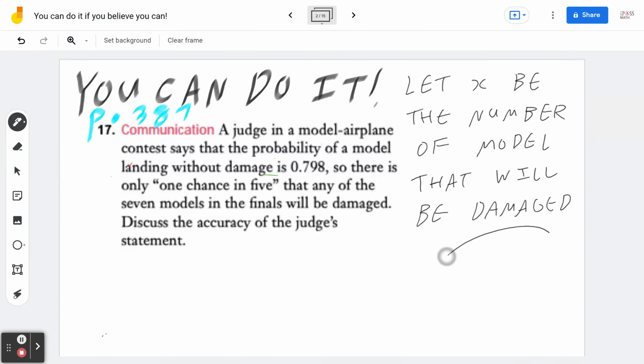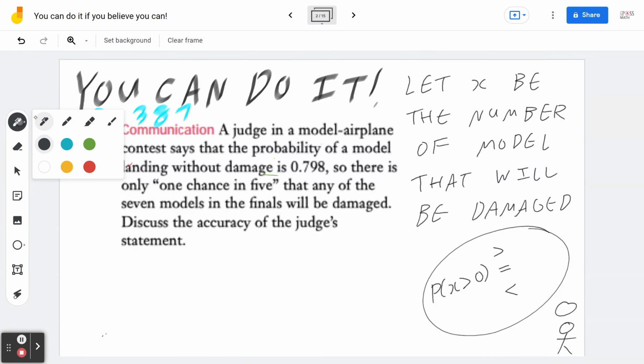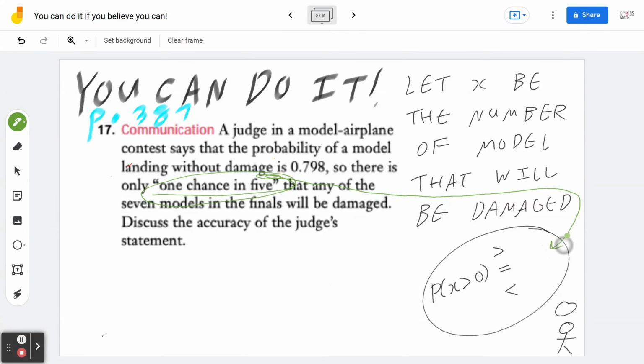You're trying to find out if the probability of x greater than 0 is going to be greater than, equal to, or less than the second number, which is given in the question, one chance in five. One chance in five is 1 divided by 5, or as a decimal, 0.20. So your goal again is to compare these two numbers to figure out what is true.